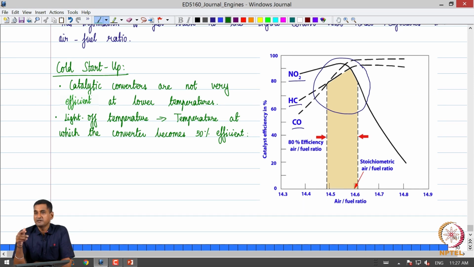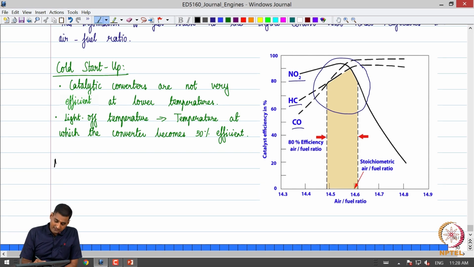Obviously, if you look at low distance operation, this makes the catalytic converter less efficient over low distances. Suppose I want to just drive a car for, let us say, 2 or 3 kilometers from one place to another. The conversion efficiency of the catalytic converter is going to be pretty small during that travel, right. So, that should be kept in mind.